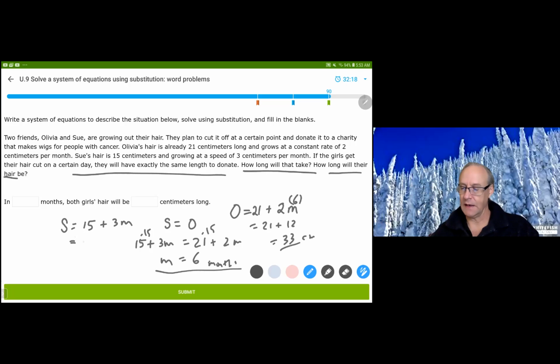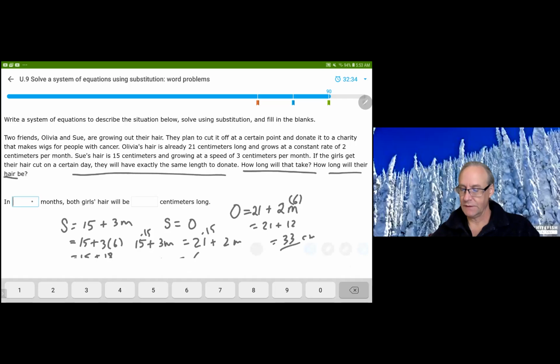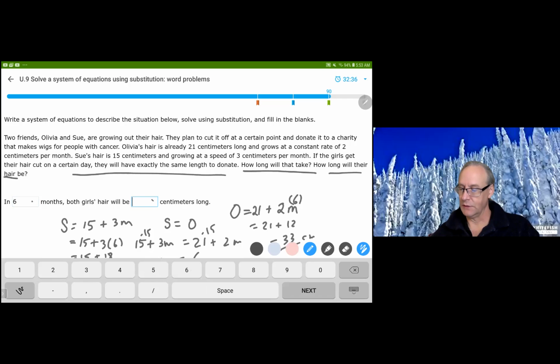It's better to write it out formally to double check. 3 times the 6 months, that's 15 plus 18, which is again 33 centimeters. So in 6 months, they will be equal at 33.